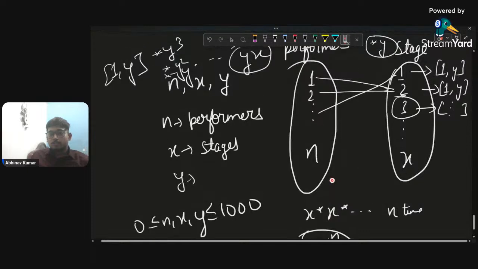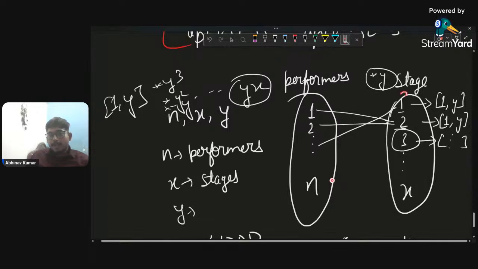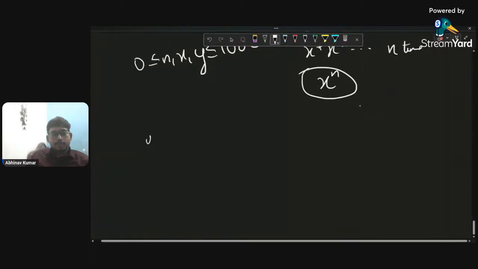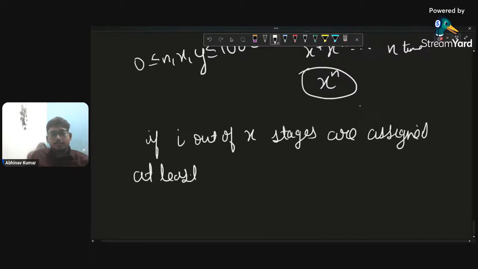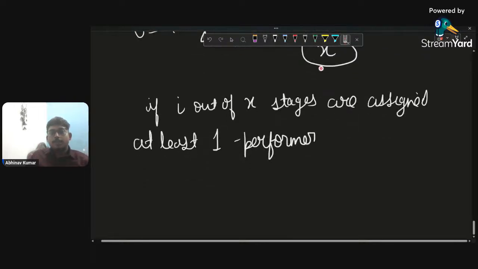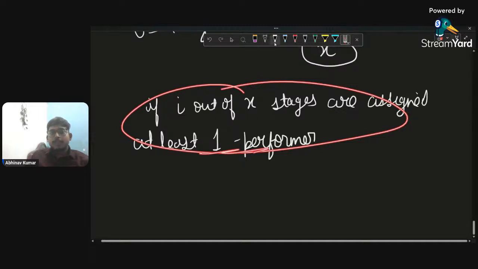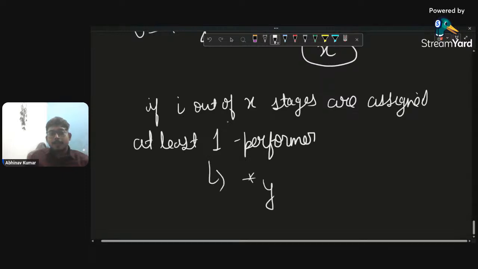So what you can do is, now you know for sure, if we say that I out of the x stages are assigned at least one performer, then whatever would be the number of ways of doing this, in that we can just multiply y to the power I, because of the score part.